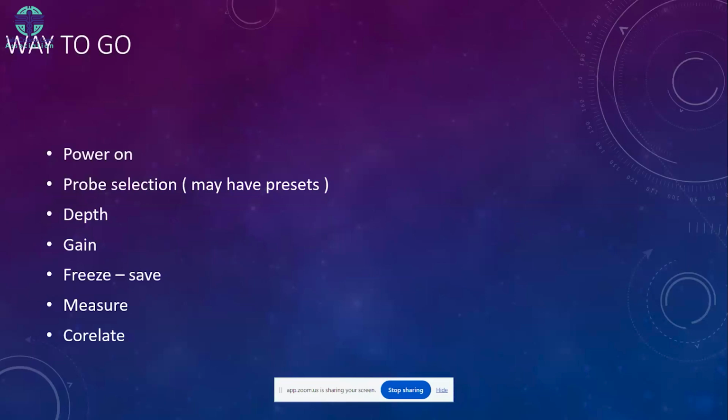Then you can have control over your gain, in which you can have a selective gain or an overall gain to visualize your structure better. Then you can have a freeze or a save mode, wherein on a static image you can have your measurements. You can also have dynamic measurements, and then you have to correlate all these things.